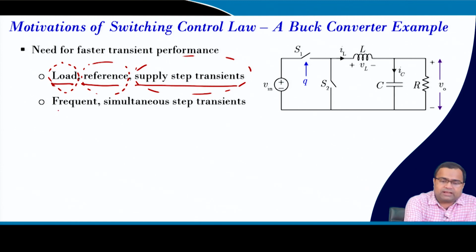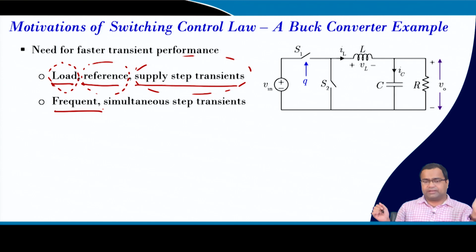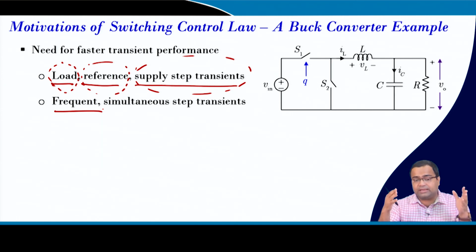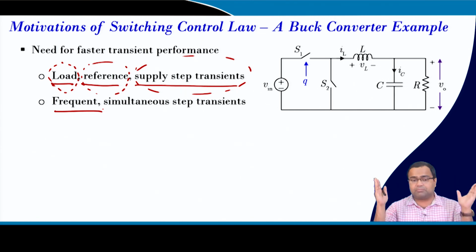Now, the load transient and reference transient, particularly load transient, can happen very frequently. In fact, when industry designs a power converter or PMIC, power management IC, let us say for a VR application, voltage regulator, if the switching frequency of the converter is 1 megahertz, they can test the load transient in orders of tens of kilohertz and even up to hundreds of kilohertz.